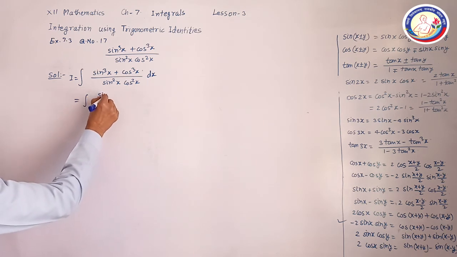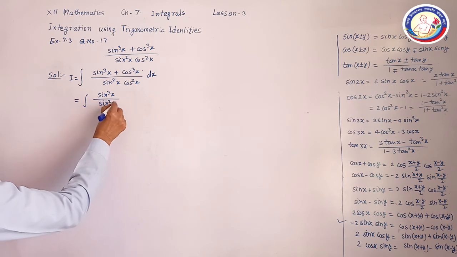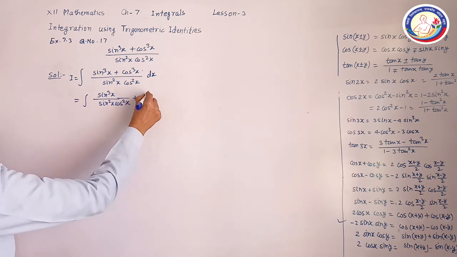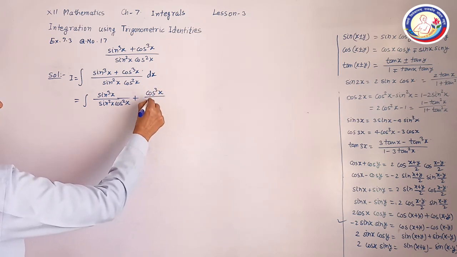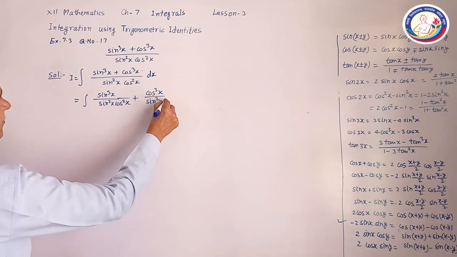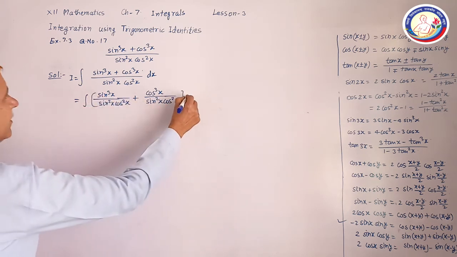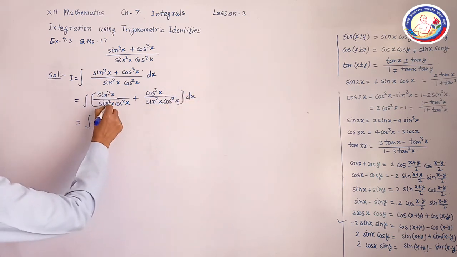This is sine cube x divided by sine square x cos square x plus cos cube x divided by sine square x cos square x. On simplification, we shall get this sine cube and sine square.